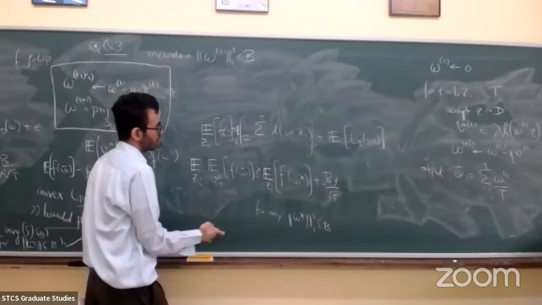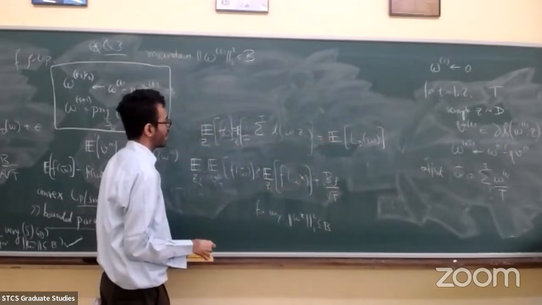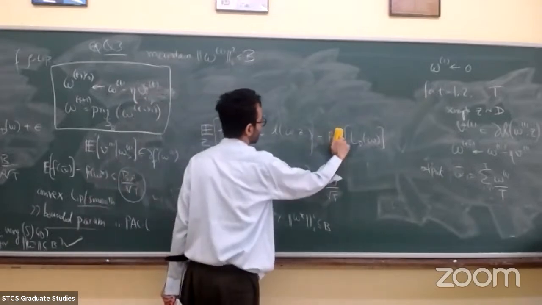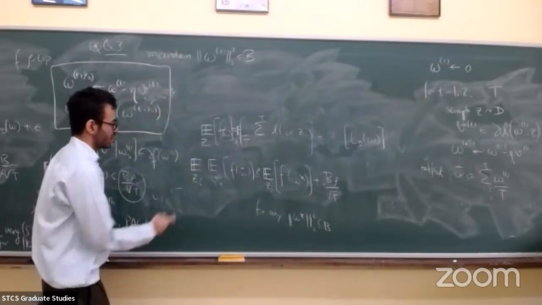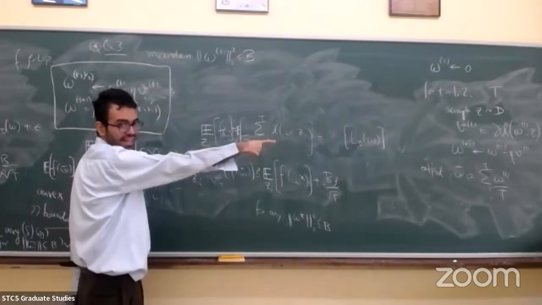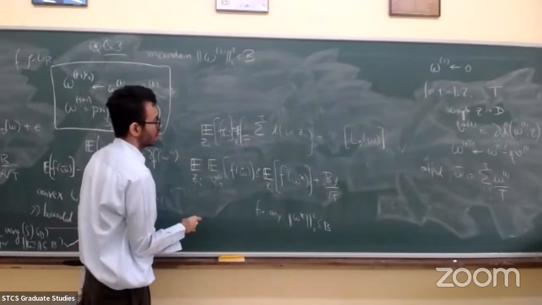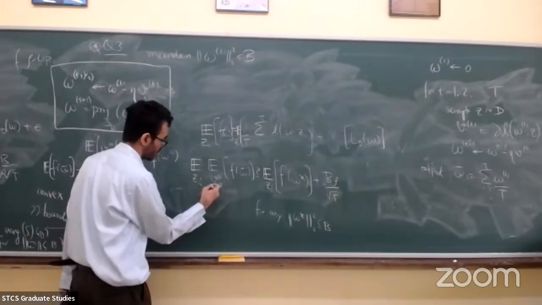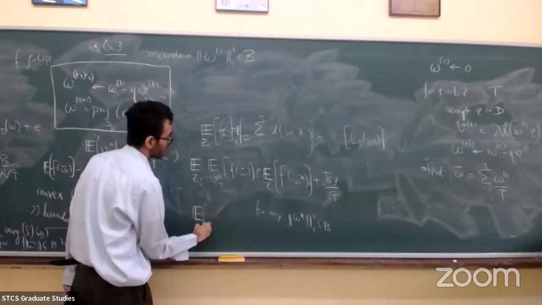There's no expectation here. This is just L_D. So if I switch this here and I get L_D, then I get an expectation over the algorithm's randomness. So overall I get some expectation of L_D.